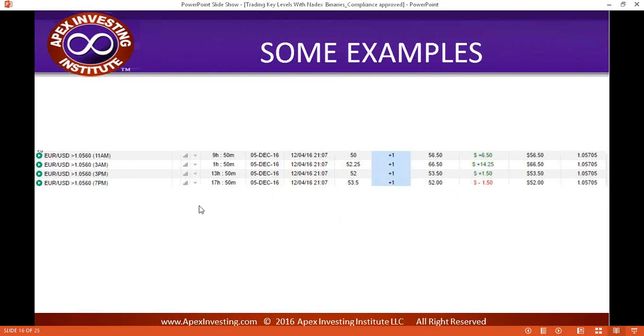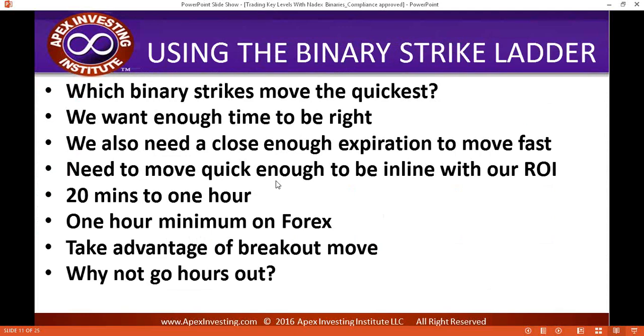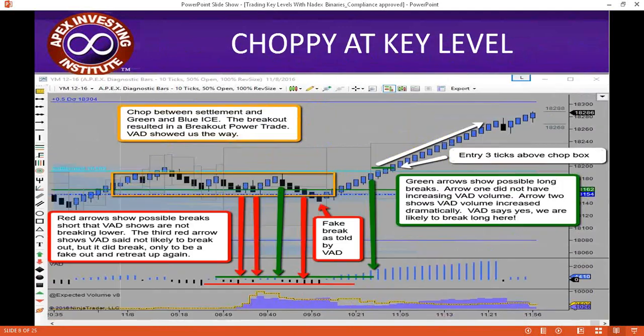Okay? And also when you go so far out, let's just go back here. I don't want only 15 minutes, right? Why? Because the market can pull back. So I want a little longer. But do I want hours and hours? Because what can happen? Remember, 10 hours, 1 hour. The market could come way back down, right?